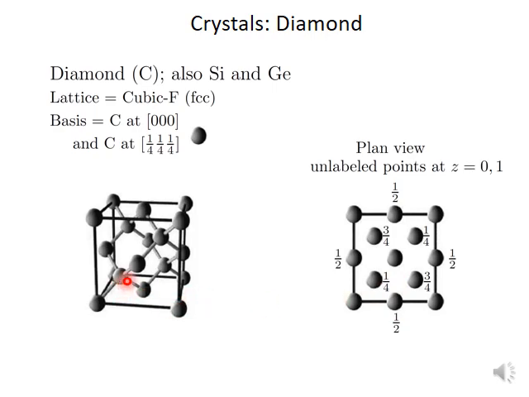Then you have an extra atom here near this edge, represented by this circle, which is 3/4 above the base plane. And similarly, the two other ones, one occurring here and the other occurring there, are represented by these two.